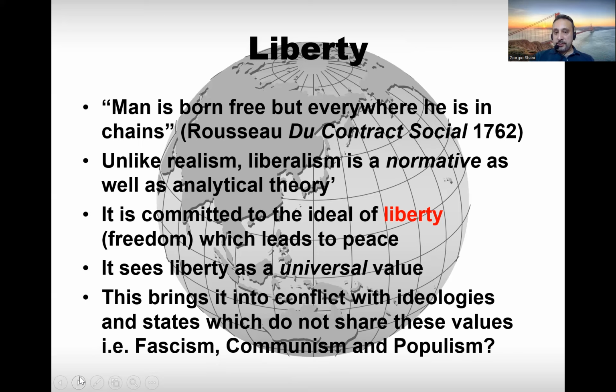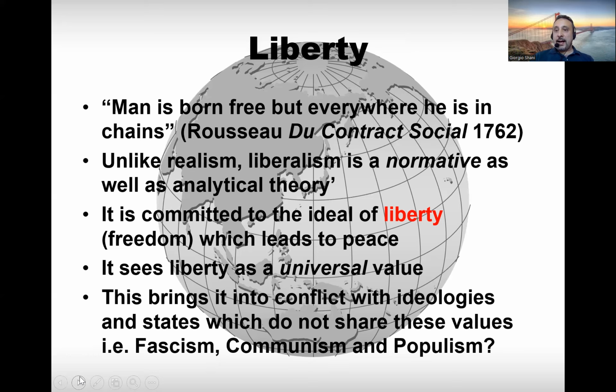So fascism and communism are seen as ideologies which contradict the values of liberalism. So fascists prioritize the importance of the state and of the ethnically defined nation state. Fascists believe that war is a means to bring about greater glory for the state. Communists, on the other hand, although they believe in freedom, believe primarily in the idea of equality, and they subordinate liberty to this value of equality.